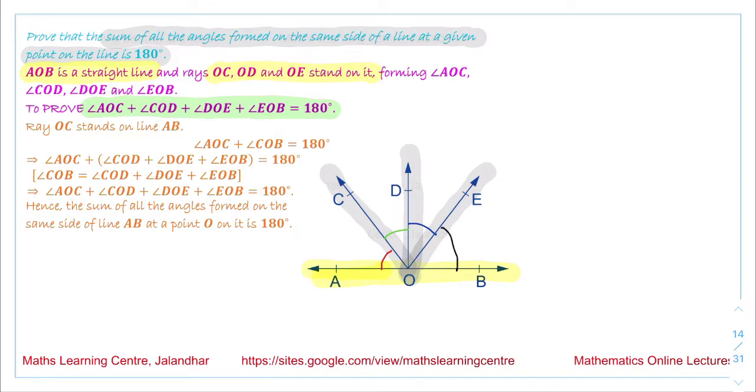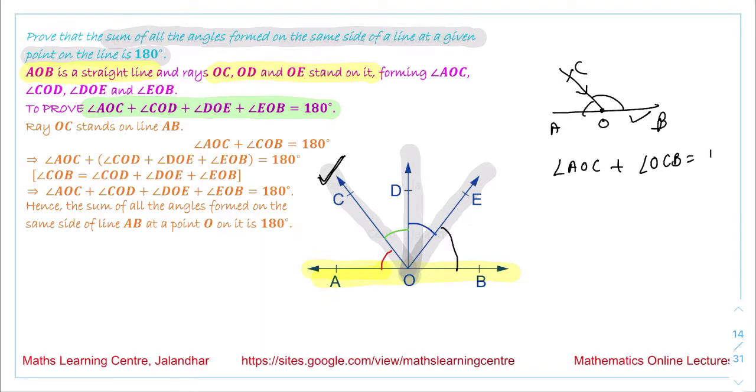So from the previous result, we start with the ray OC. We are just considering it like this, that this is AOB and this ray OC is there. From the previous result, we know that whenever a ray stands on a line, the sum of the angles is 180 degrees. It means angle AOC plus angle COB is 180 degrees.